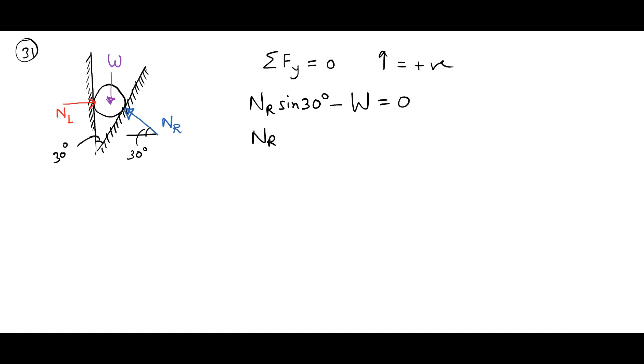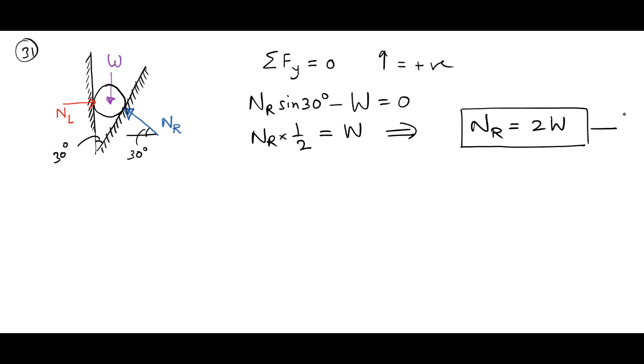Now NR multiplied by sine 30 degrees is half. I take W on that side, and this implies that NR, the normal reaction exerted by the right hand side wall, must equal 2 times W. So that's the first answer. It's a simultaneous equation, but I've got directly an answer actually. Now W is a constant, it is given, so don't think that we have to find W.